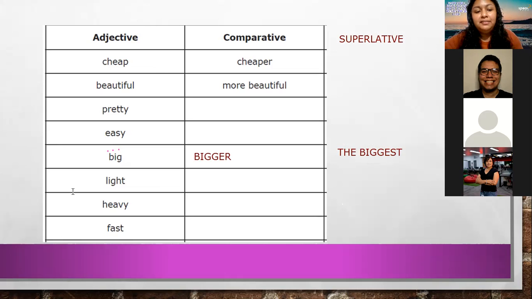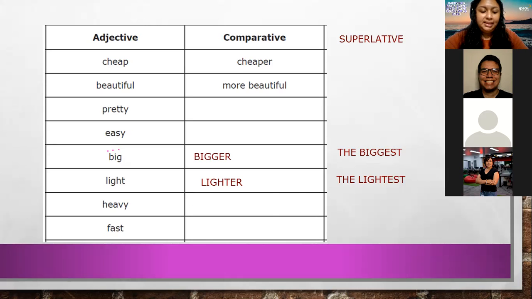All right, then we have light. Light is only one syllable. Lighter. Exactly. Okay. And then superlative, we're gonna say the lightest. Exactly, the lightest. Very good. Heavy, two syllables, and it ends in Y. What do we?